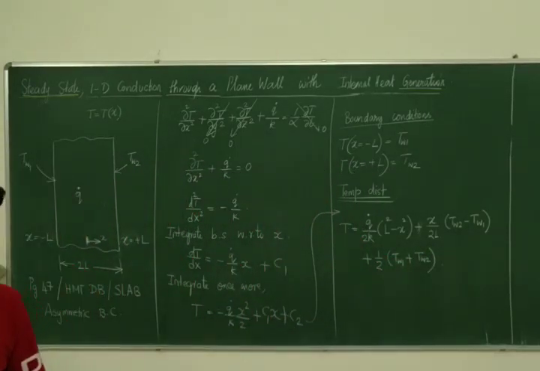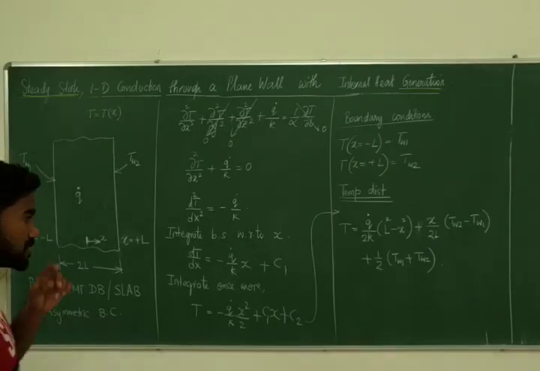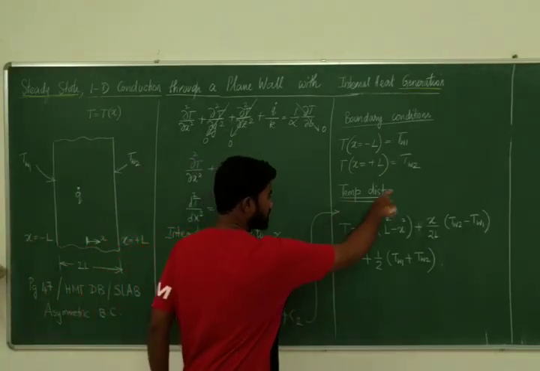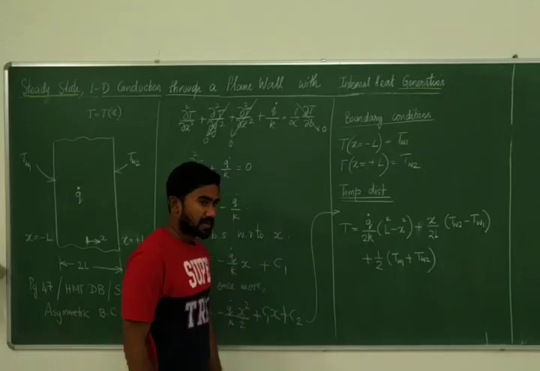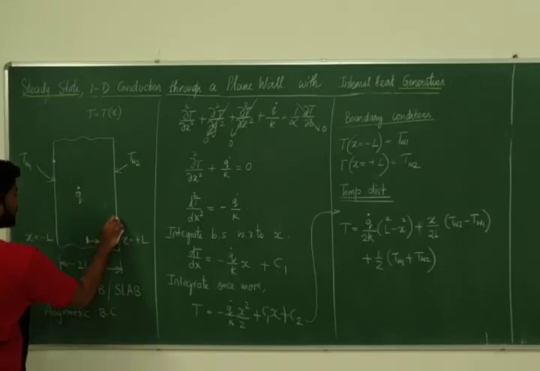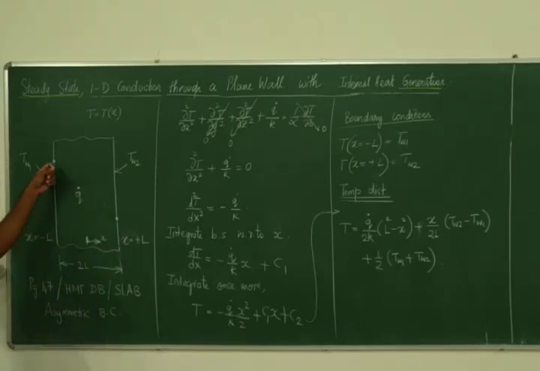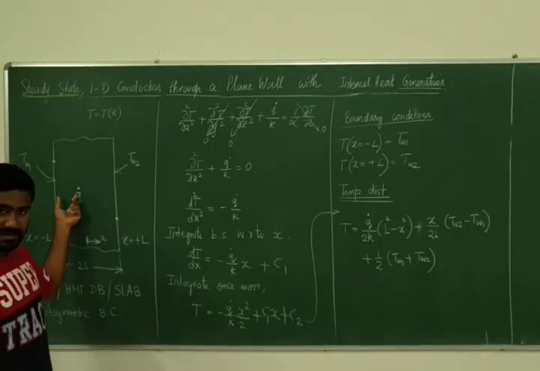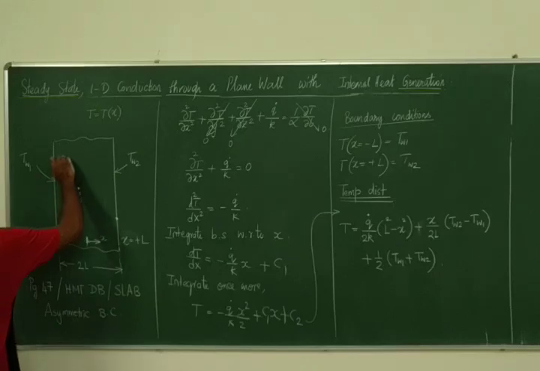Okay. So this will be the temperature distribution that you will get. Now you clearly see that the temperature distribution is going to be quadratic. How does the temperature look like if you plot, say this is TW1 and that is TW2. If this is high temperature and that is low temperature and heat is being generated in the wall, then the temperature distribution will look like this.